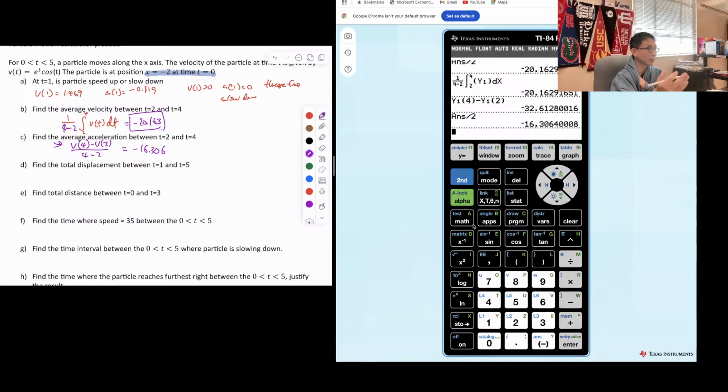Let's say Iris from last year, she got a 5 in AB, and I begged her to take BC, but she didn't want to. But she's right. She doesn't have to, because she's trying to be a doctor. Why should she need it? Omar, same thing.